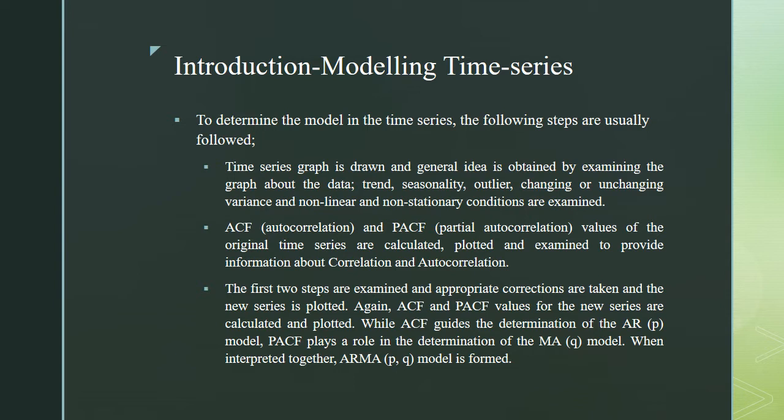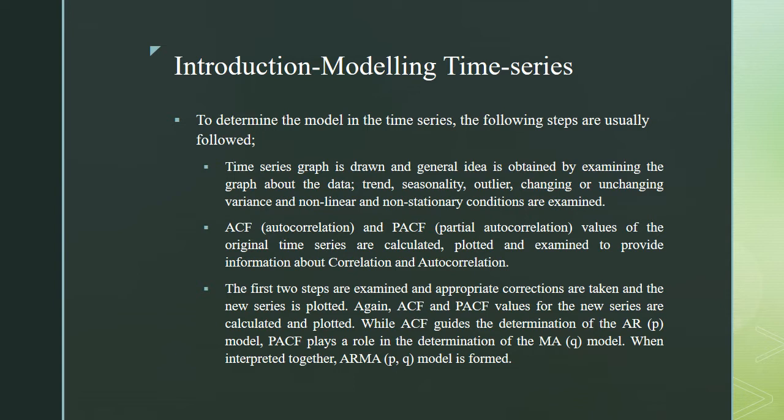If the first two steps show non-stationarity, differencing operations are taken and the new series is plotted. Again, autocorrelation and partial autocorrelation values for the new series are calculated and plotted.